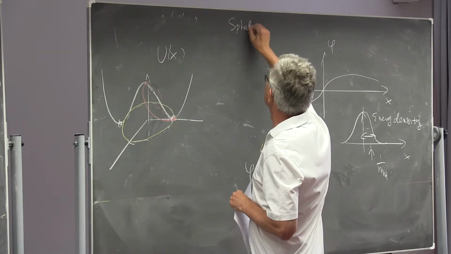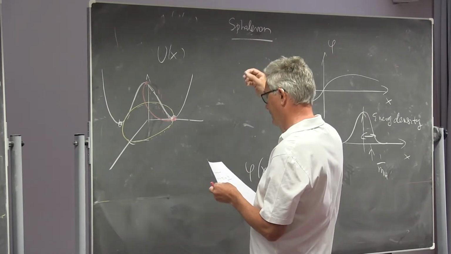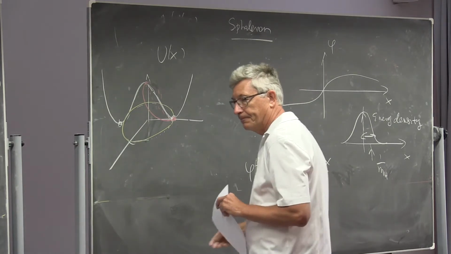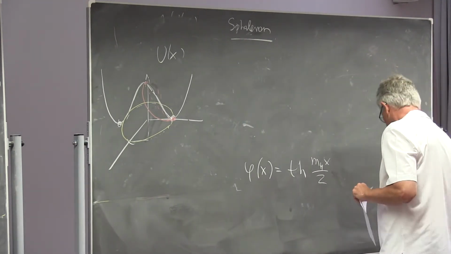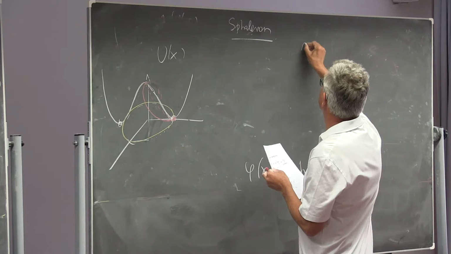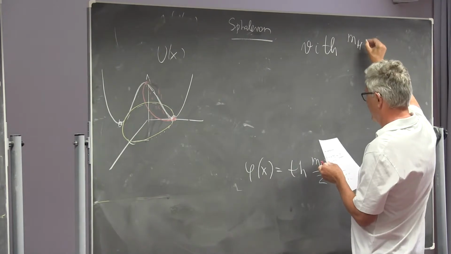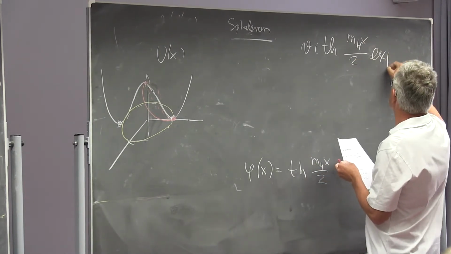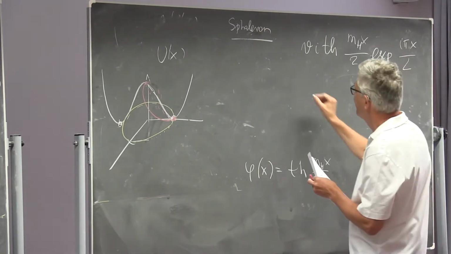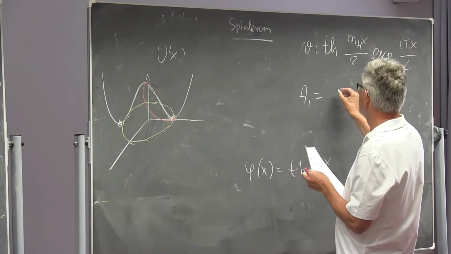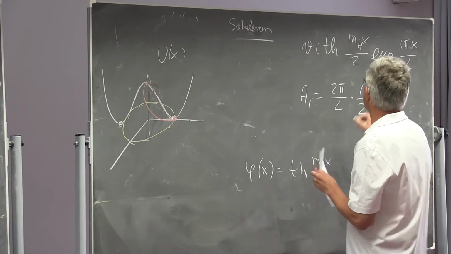So the scalar we can write as follows: v i tanh(m_H x over 2) times exp(i pi x over L), and A1 is equal to 2 pi over L times 1/2.